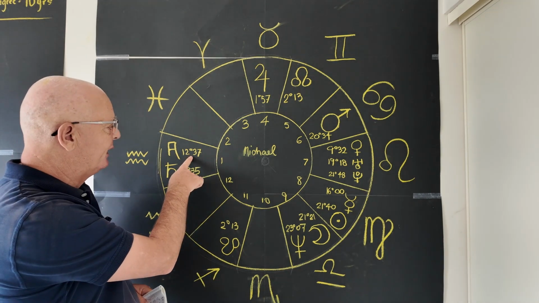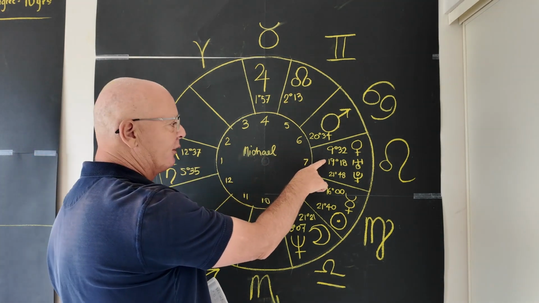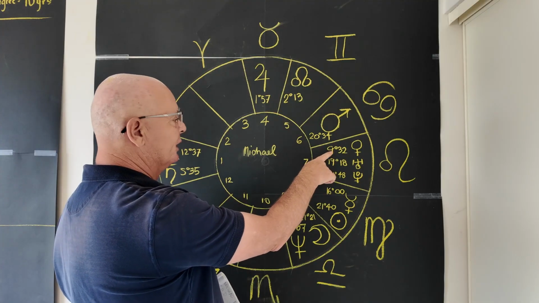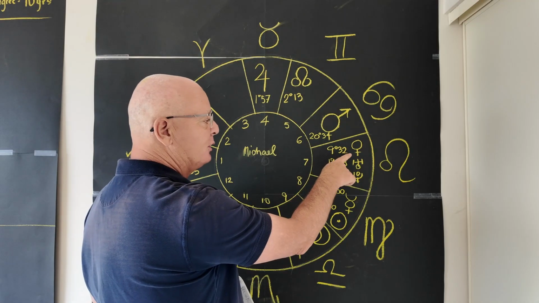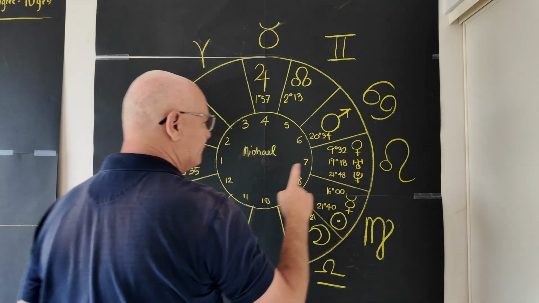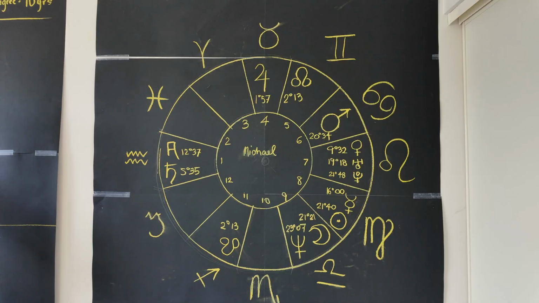So this is the most effective point in every house, including the 7th. And Venus, you can see, is approximately 3 degrees from the most effective point of the 7th house. In fact, it's 3 degrees and 5 minutes.